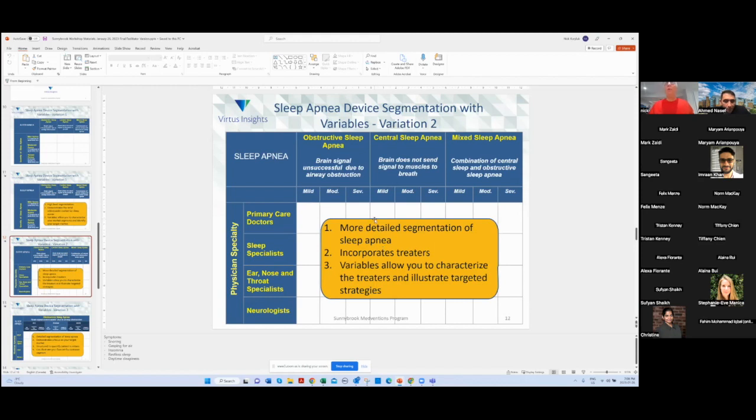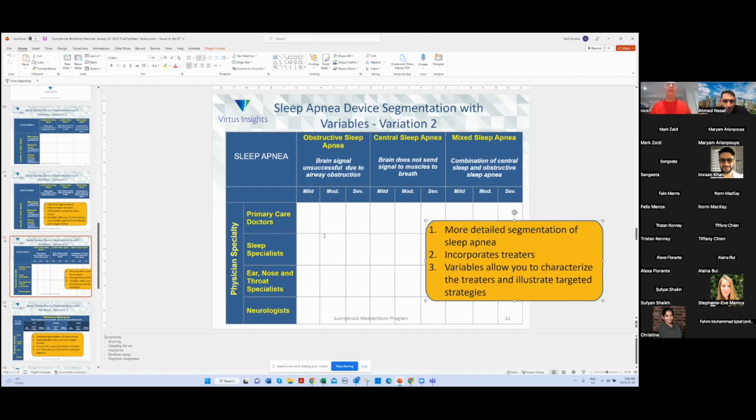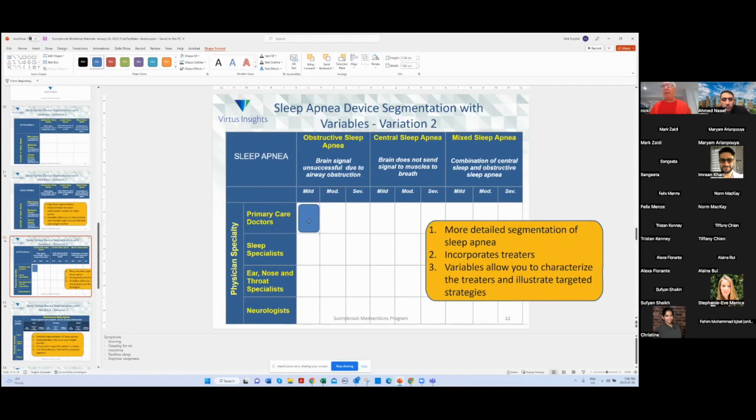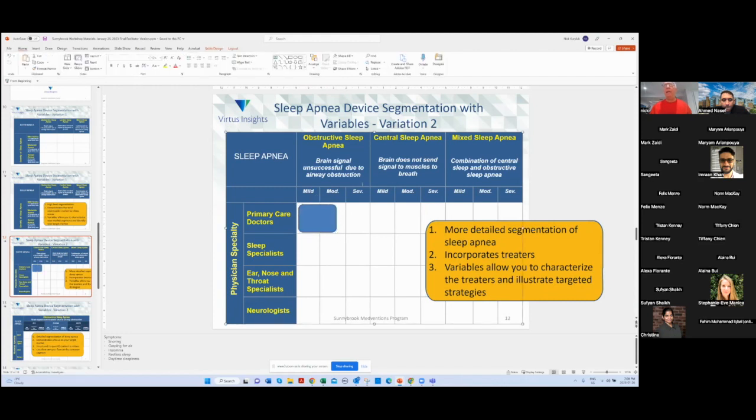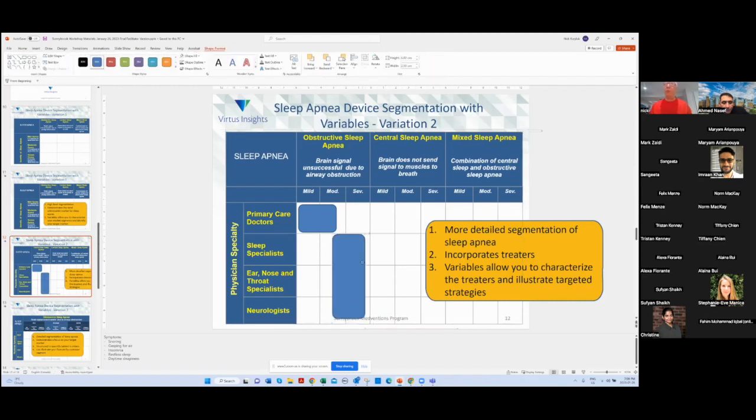Yeah, well, what you would most likely see in a box like this is that primary doctors would probably spend more time treating mild cases, maybe to moderate cases. But if they're severe, it's very likely that your sleep specialists or ENT or neurologists would treat these patients.